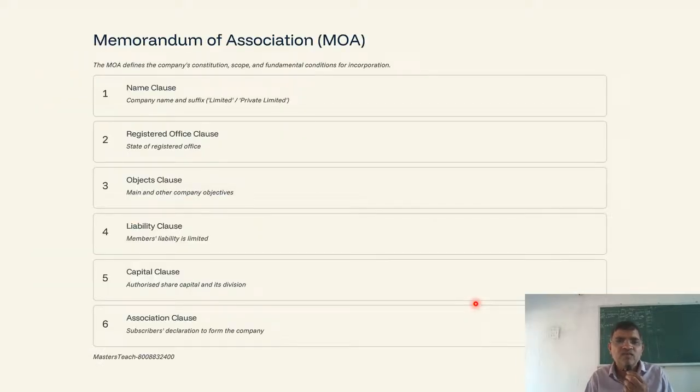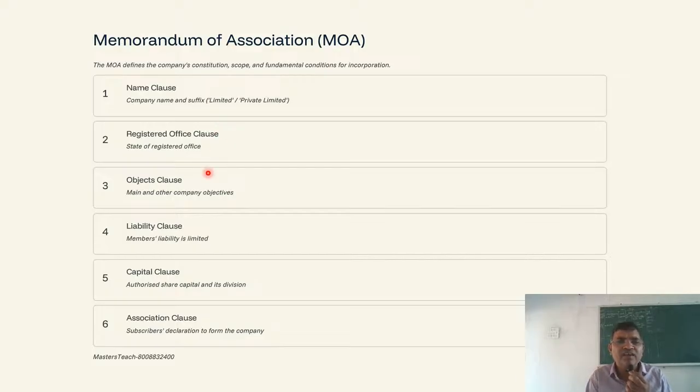So what is the memorandum of association? The memorandum of association is the company's constitution, just like we have the Indian constitution. In the same way, the company has its own constitution, which states the scope, fundamentals, and conditions of incorporation. First, the name clause: what is the name of the company? If it is a limited company, the name ends with Limited, and if it is a private limited company, the name ends with Private Limited.